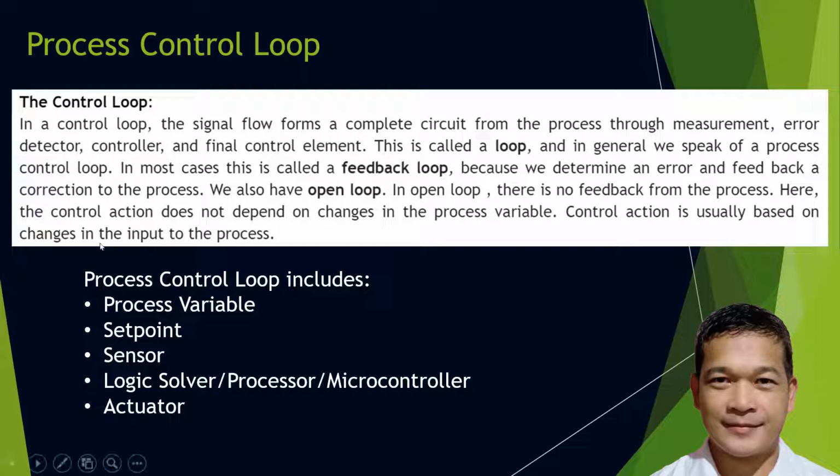And we have here the sensor, which we usually call the transmitter, and the logic solver, the processor or the microcontroller. I am using Arduino in our example. The actuator is what acts, such as making the fan slower or faster, or heating or cooling, to reach the standard set point that you set in your control.